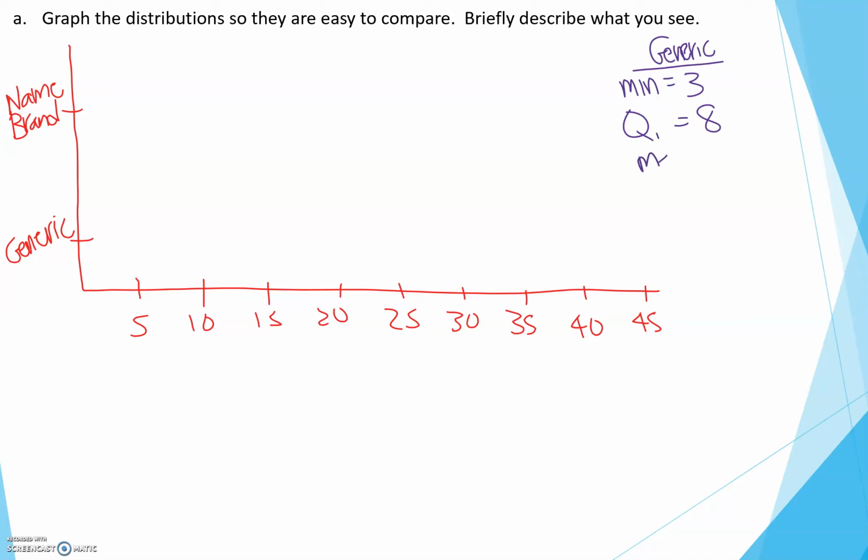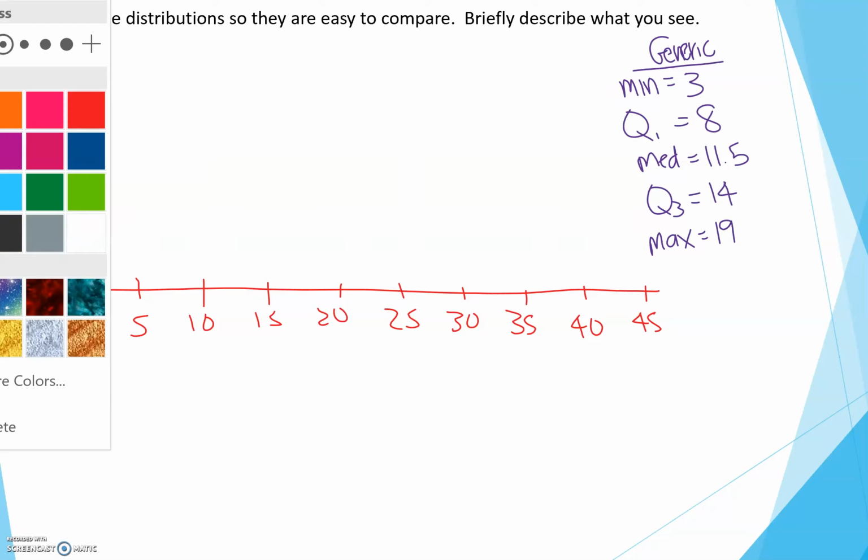The median was 11.5. Q3 was 14. And then the max for the generic was 19. I'll go back and calculate for outliers here in just a second.